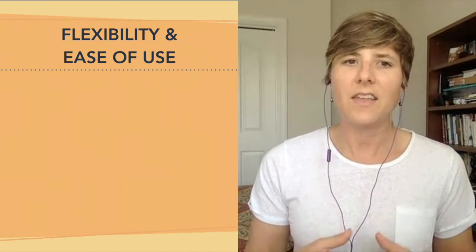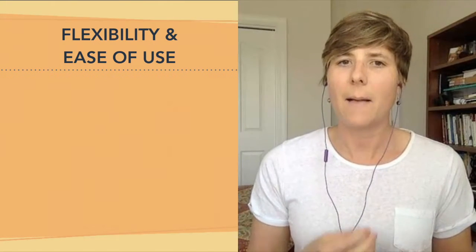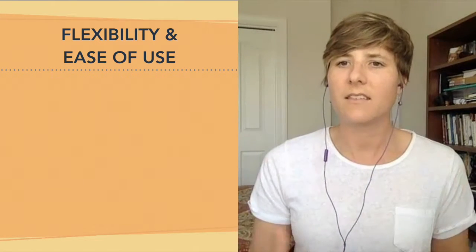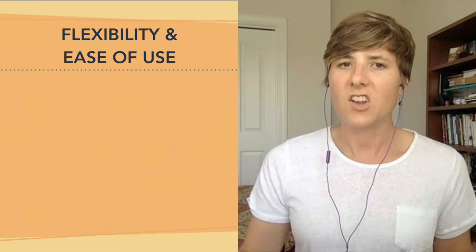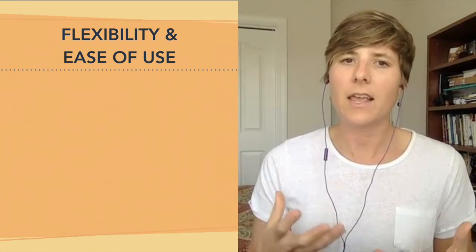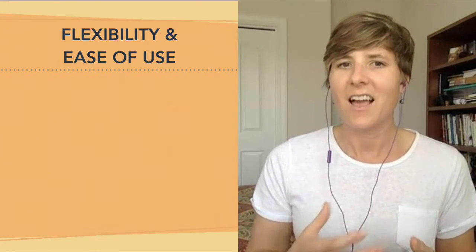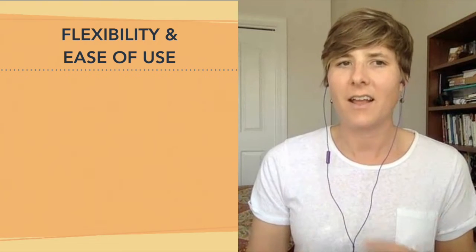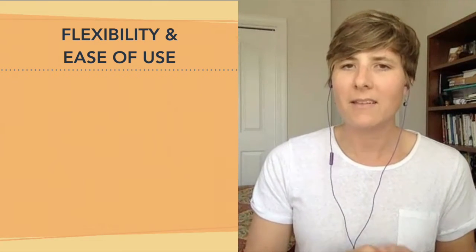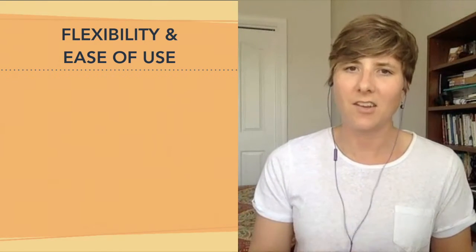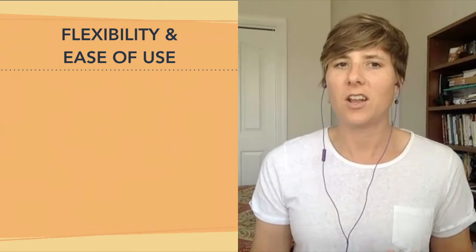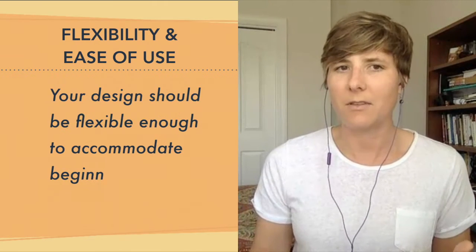Okay, our sixth heuristic within this category is flexibility and ease of use. And this is about recognizing that each user, even though you want to design for your default generic user, is actually entirely unique and will be coming to your design with different requirements, different skill sets, different limitations, and your design should aim to accommodate all of these types of users.